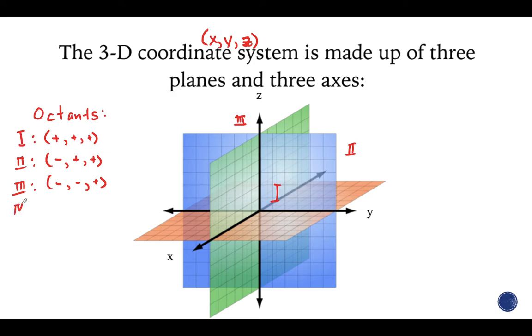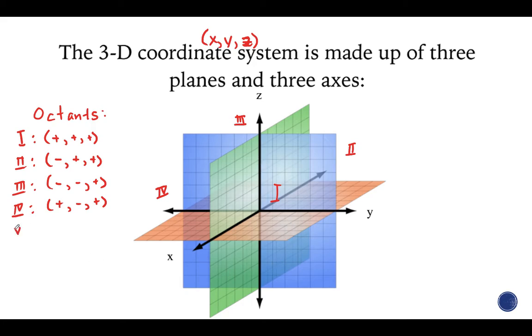So octant 4, this is where X is back to positive, Y is negative, Z is still positive. All right, so this would be octant 4 right over here, okay? So above the orange, in front of the blue, and basically to the left of the green. All right, so you can see we rotate around on the XY plane, above it first, and then to get our next octants, we're going to drop below this plane.